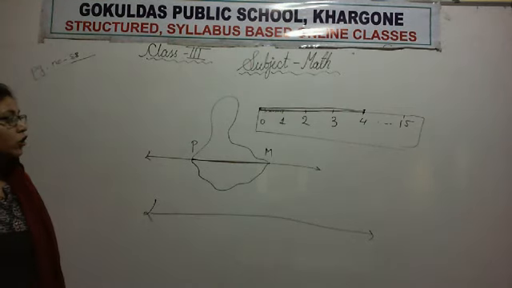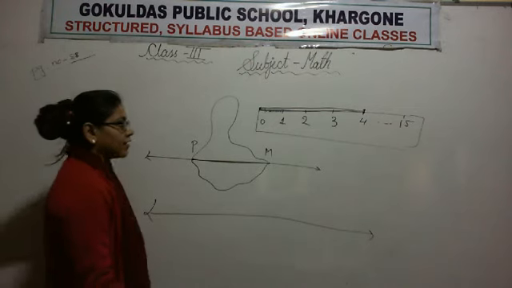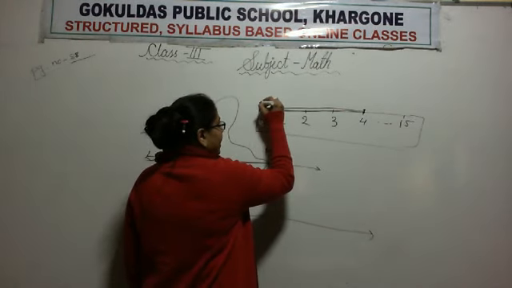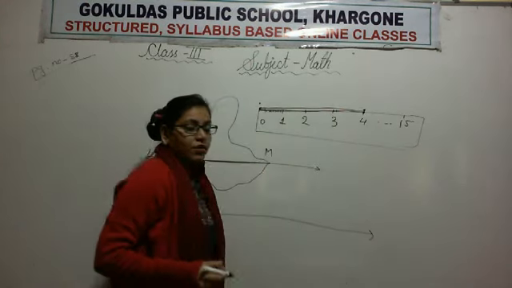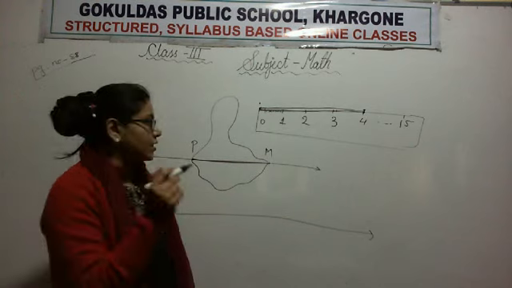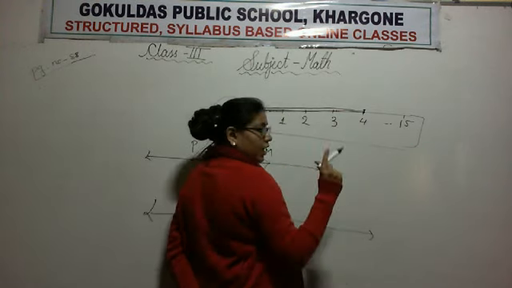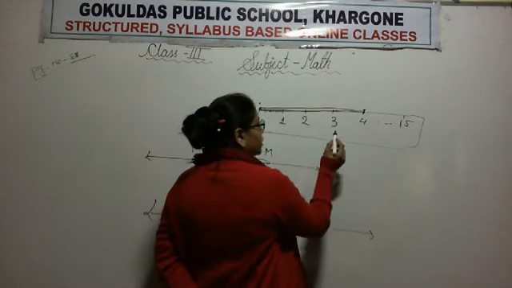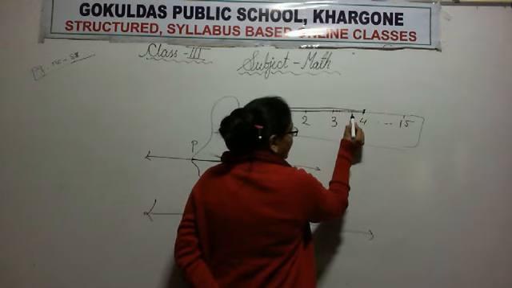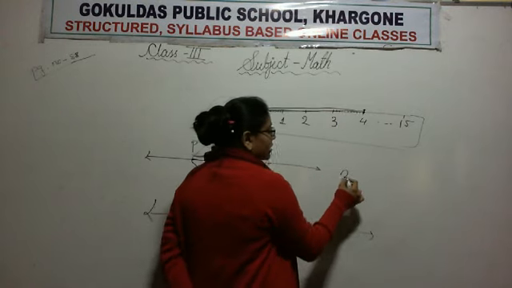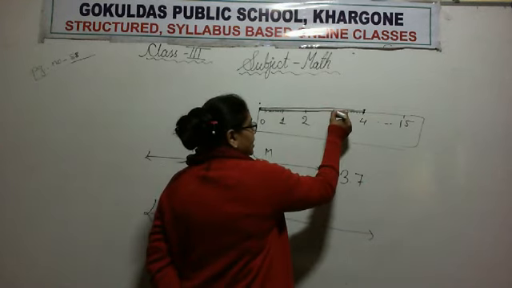Now what if I tell you to make a line segment of 3.7 centimeters? Starting from 0, 3 is here. Now we will count the small lines. There are 10 lines between every 2 numbers, so there should be 10 lines between 3 and 4. Now I am asking you to make a 3.7 centimeter long line segment. So this is 3.